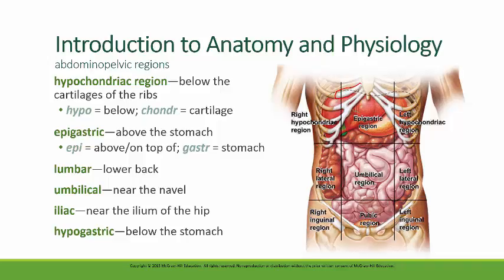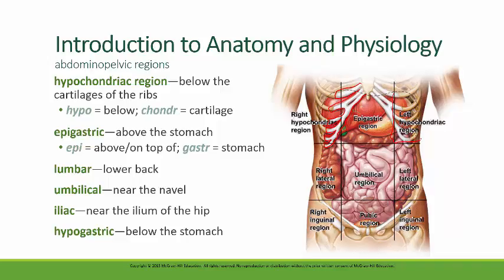So everything that is white here is not bone, but is actually cartilage. And so right here beneath the right hypochondriac region, we're looking at everything that is beneath that portion of the rib cage. The left hypochondriac region is similar.